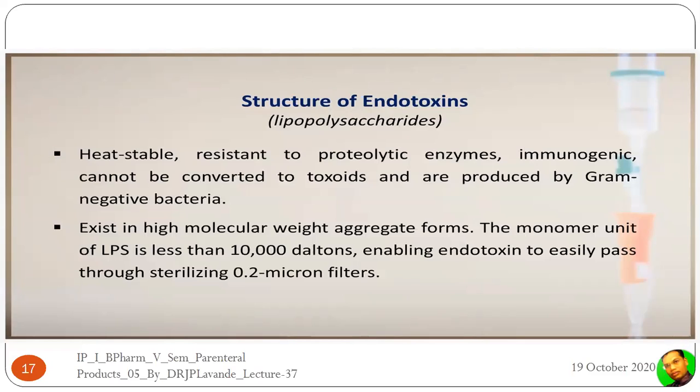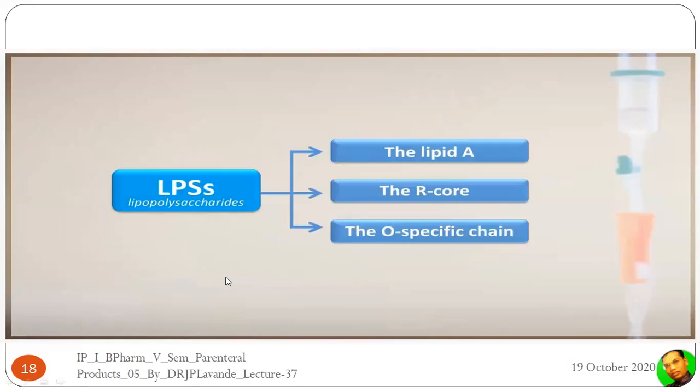The monomer unit of lipopolysaccharide is less than 10,000 Daltons, enabling endotoxin to easily pass through the sterilizing 0.2 micron filters. So even a normal process of filtration cannot remove the pyrogens. Once they contaminate the product, it is very, very difficult to remove them.